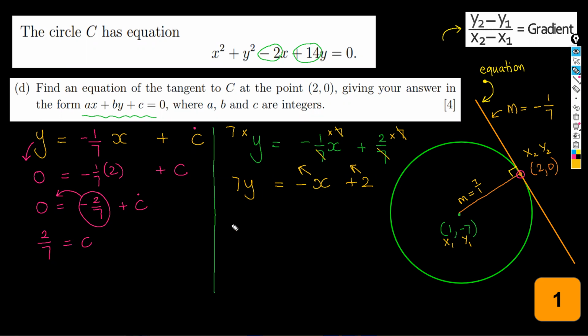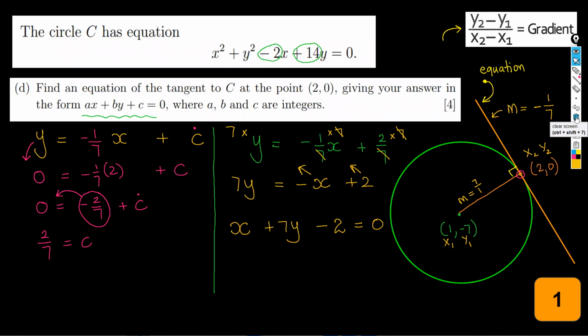So when you throw across the minus x, you'll get positive x. You have this positive 7y who was there all the time. You throw across positive 2, you get minus 2. And now this side is 0. It's in the format the examiner wants. Right, so check through the working, see where you could have gone wrong, and of course, let me know what you did wrong.